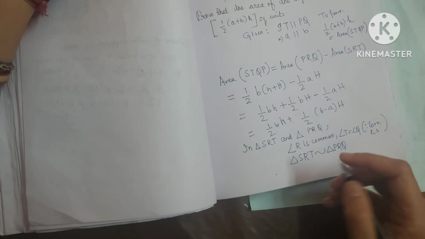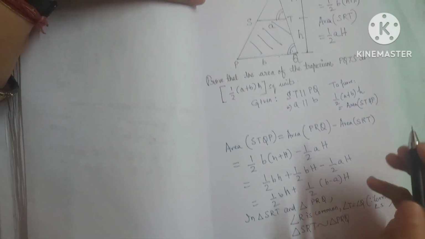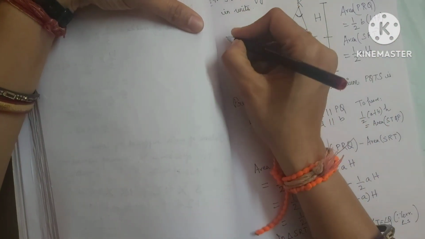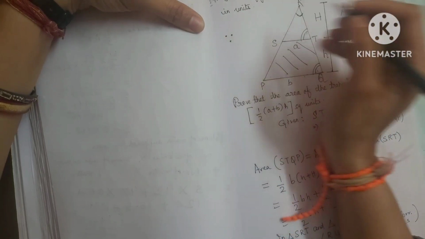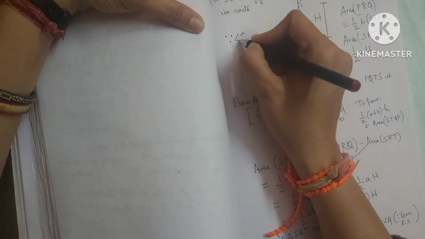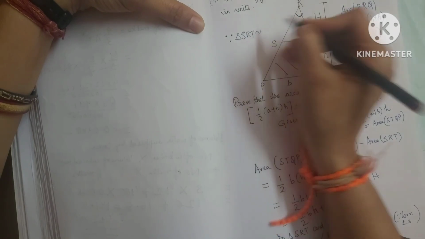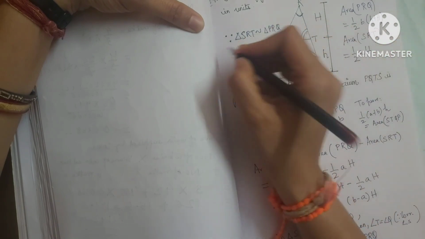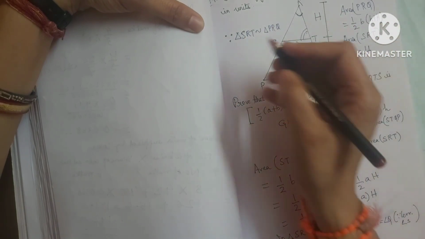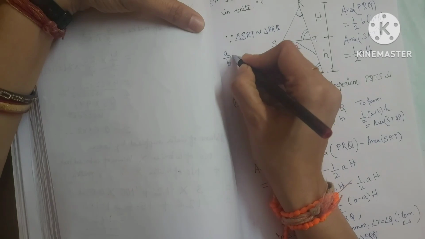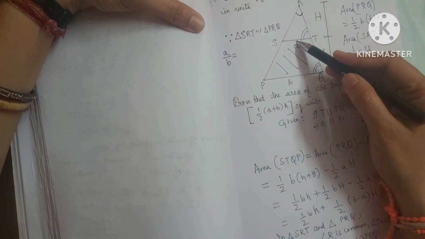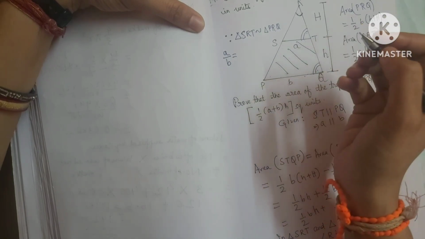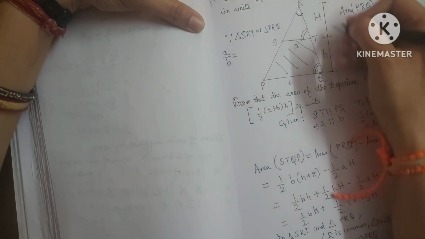So that means now I can write here, just beside the diagram, for better understanding. Since triangle SRT is similar to triangle PRQ, I can write now A by B. They are proportional. A by B is equal to how much? h, that is the altitude or the height. H plus h actually.